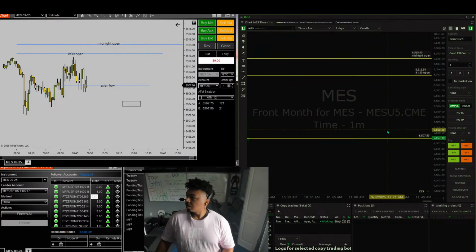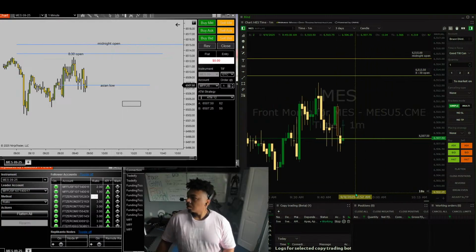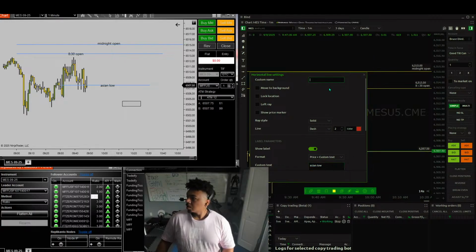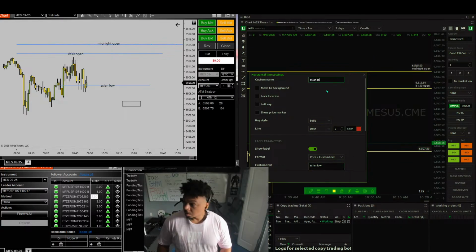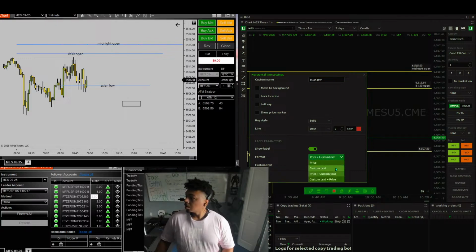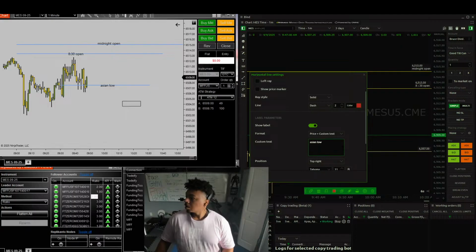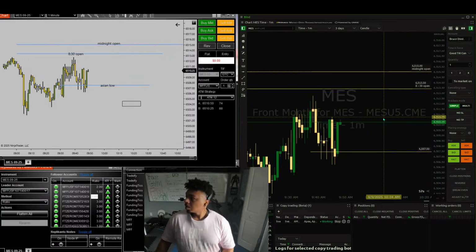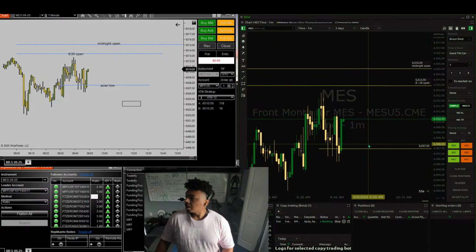I don't know why it's not showing Asian low. I don't know if it's an error or not.